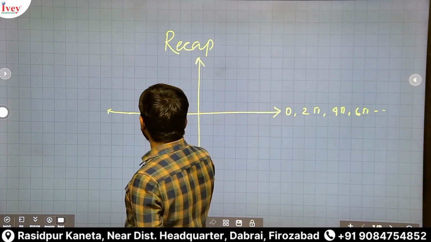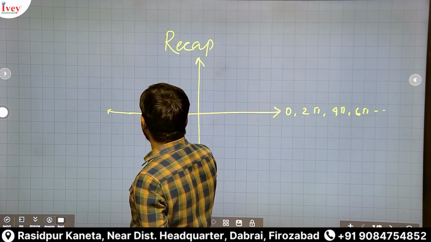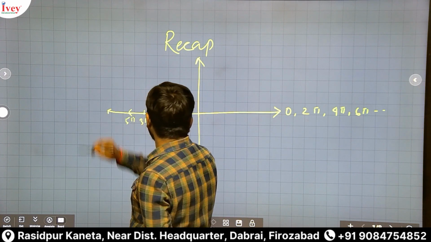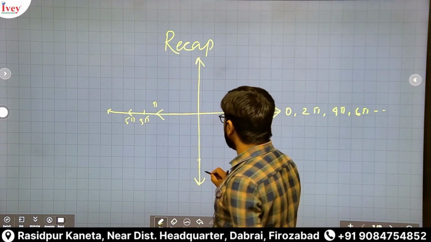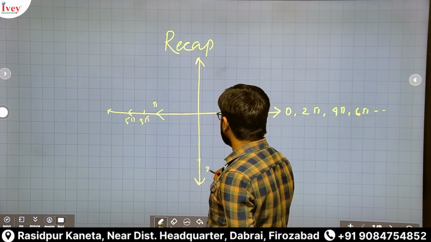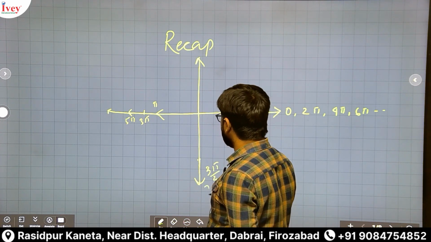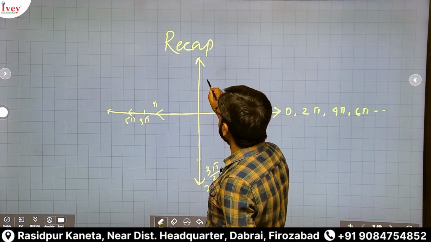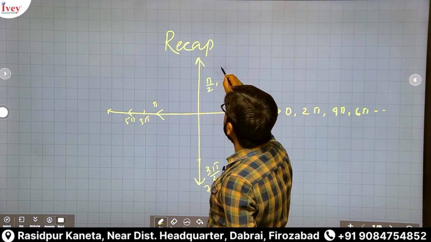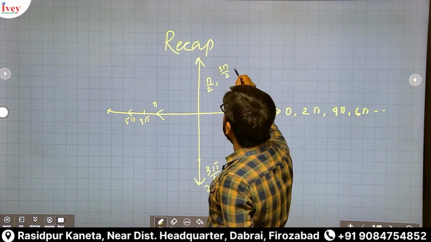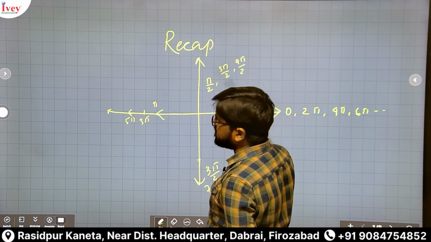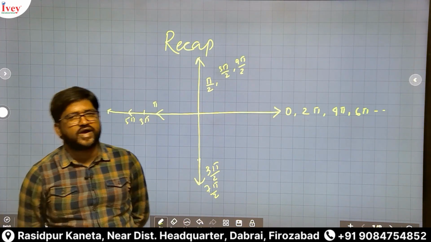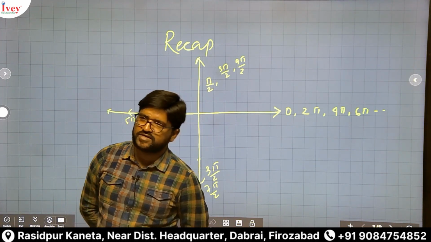And in the negative direction of the x-axis the angles were pi, 3 pi, 5 pi and so on. In the negative direction of the y-axis the angles were 3 pi by 2, 7 pi by 2, and in the positive direction of the y-axis the angles were pi by 2, 5 pi by 2 and 9 pi by 2. So these were the angles associated with the positive and negative directions of the x-axis and y-axis.